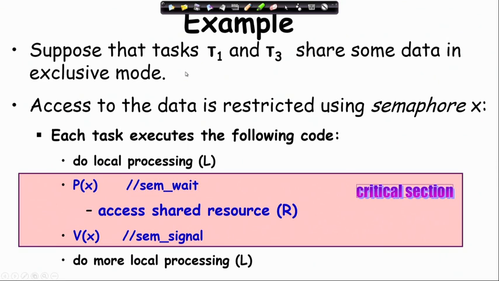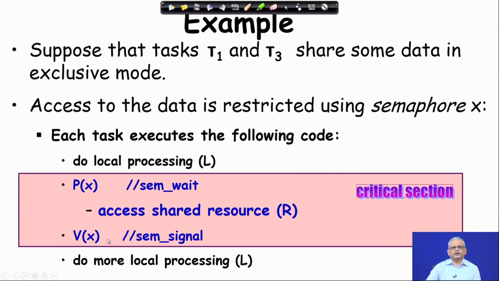Let us assume that two tasks T1 and T3 are sharing a non-preemptable resource which they need to execute in the exclusive mode, and this is the summary of the code of the tasks T1 and T3, where they do some local processing and then they wait for the semaphore, and once they get access to the semaphore, they access the shared resource and then finally they release the semaphore.